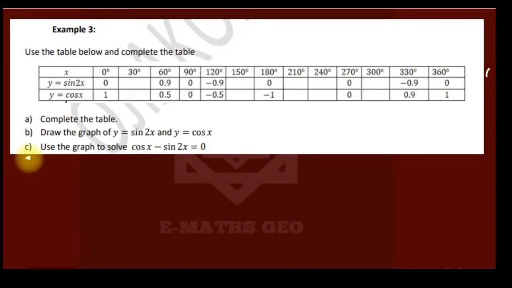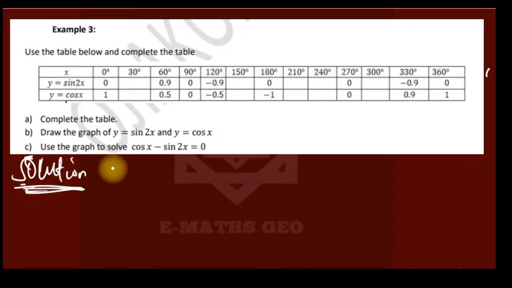So the first thing we have to do is to complete the table, because if you are given a table of values, before we plot the graph, we need to complete the table. And how do you do it? We keep on substituting the values of x and y. So like I'll just do one. I will paste the complete table to save time.